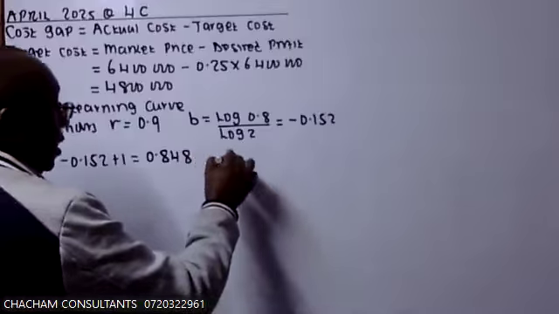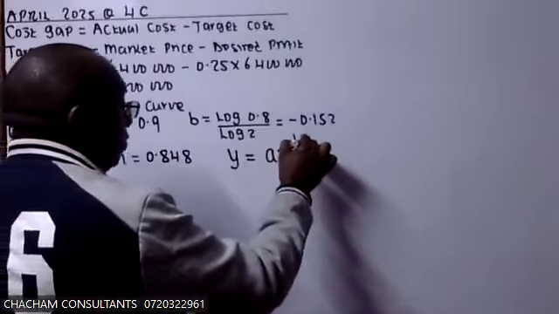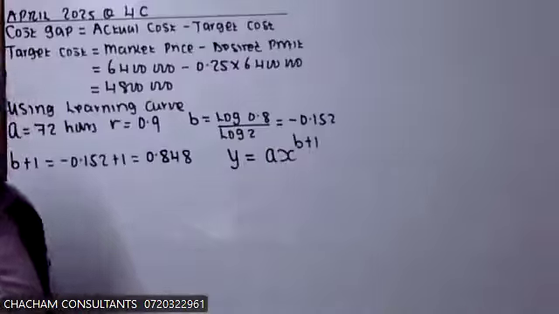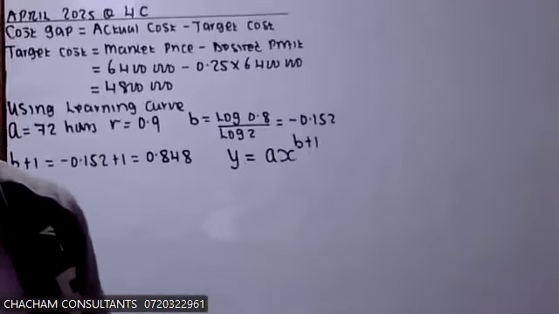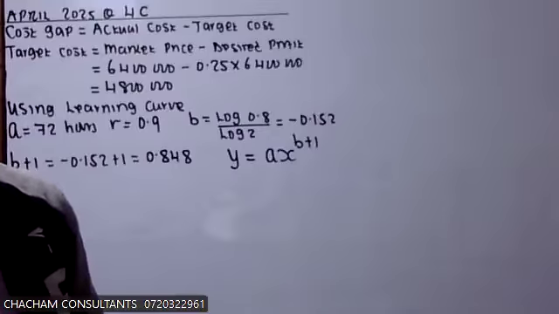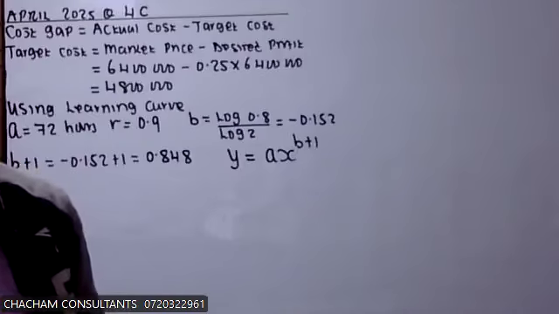So Y is given as A X raised to the power B plus 1. So we need to know X. Information 2 says it is anticipated there will be a 90% learning curve that will continue until all 110 cars have been produced.